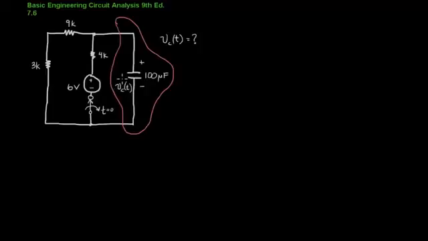VC of t is going to be the voltage from this point here to this point here. So I would simply use voltage division to find the voltage here. And then once we have the voltage there, we can combine it with the 6-volt source and solve for VC of t. So we'll use voltage division.